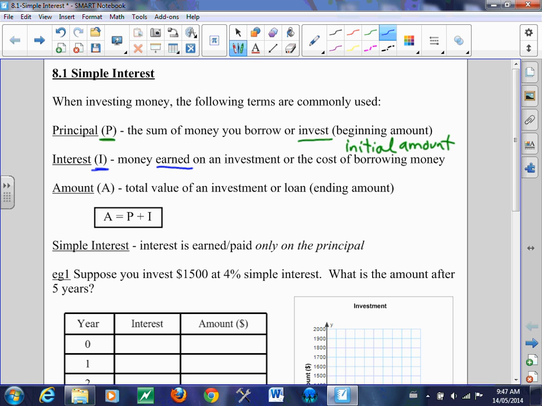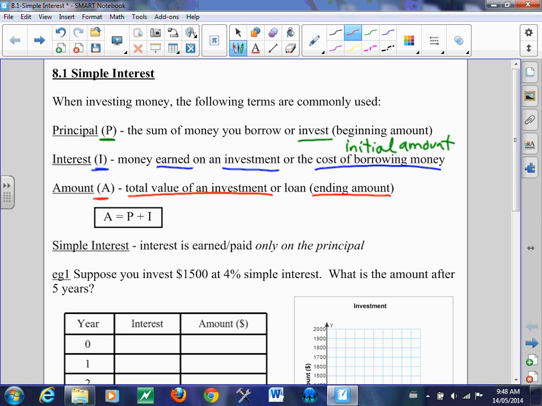Interest is the money earned on an investment or the cost of borrowing. So that's the difference in how much you borrow versus how much you're going to pay back, or how much you invest versus how much you get on your return. Okay? And A is a new letter, and that's the total value of the investment, and that's the ending value. Okay? So that's at the end.